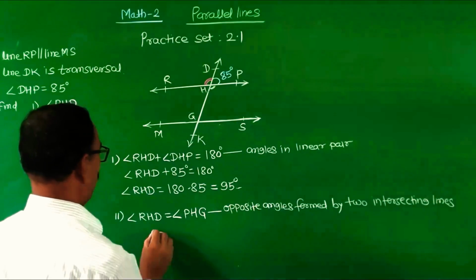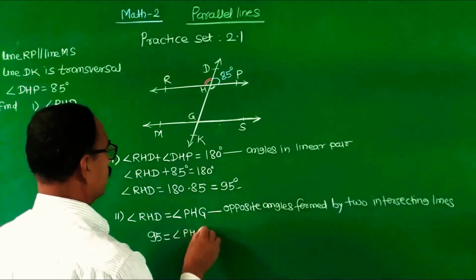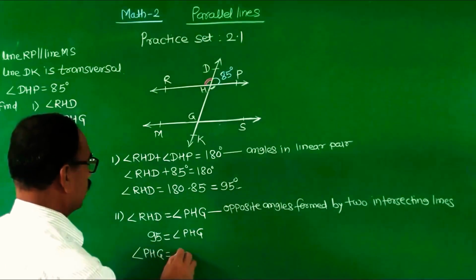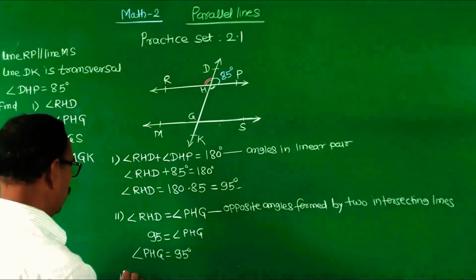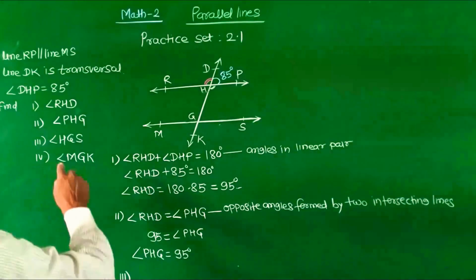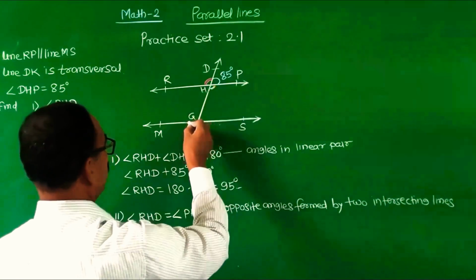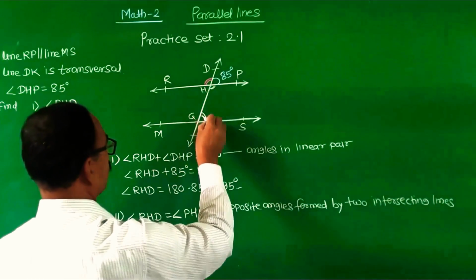So here we can write 95 equal to angle PHG, or angle PHG equal to 95 degrees. To find the third answer, here we have to find out angle HGS. HGS is this angle.